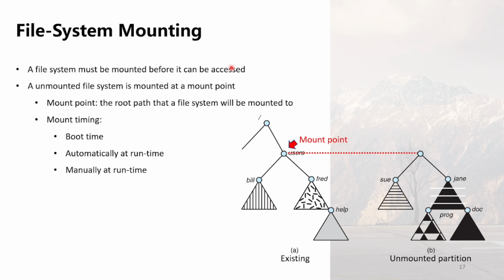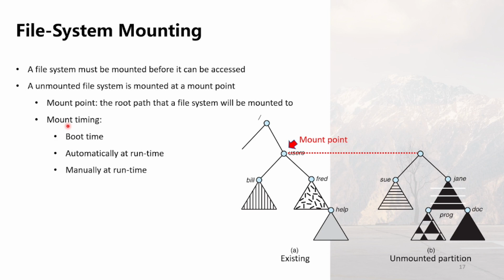But what does mounting mean? Mounting is the process where the operating system makes files and directories on a storage device available for users or itself to access through the system's directory tree.